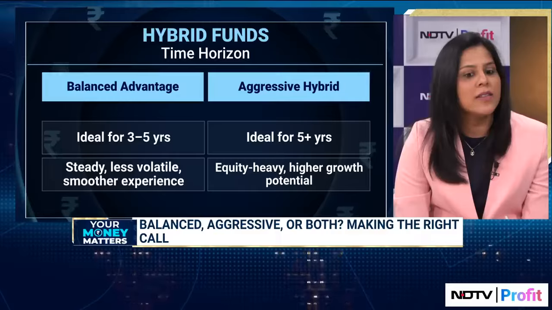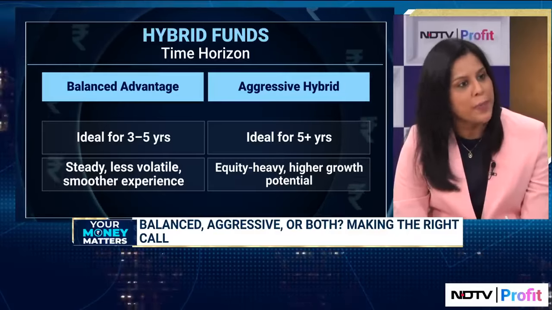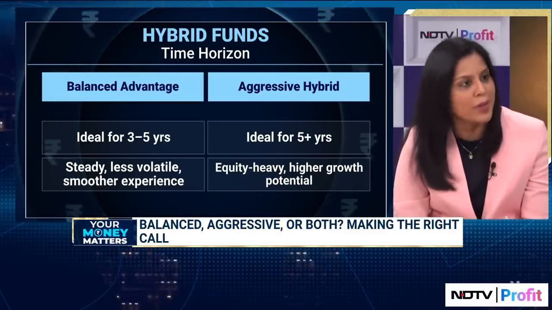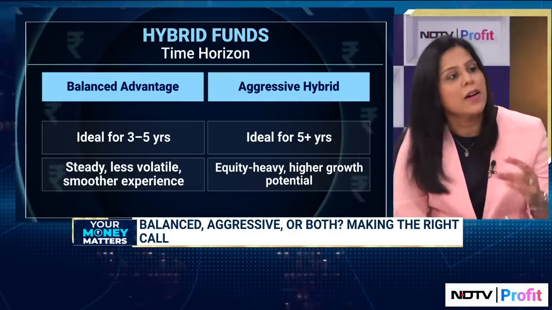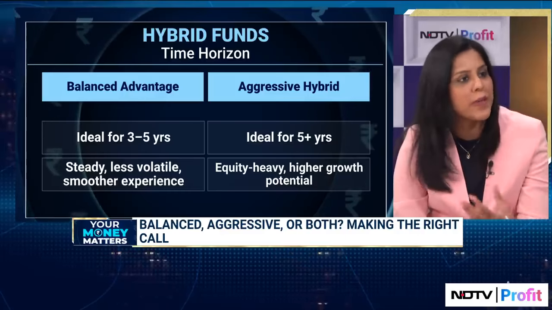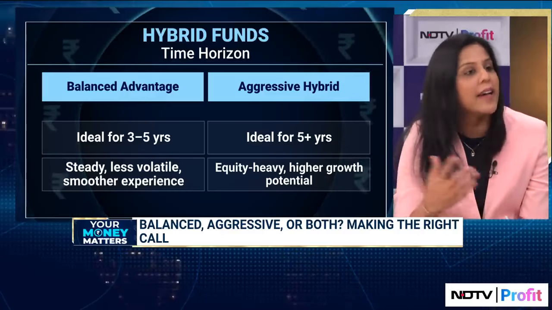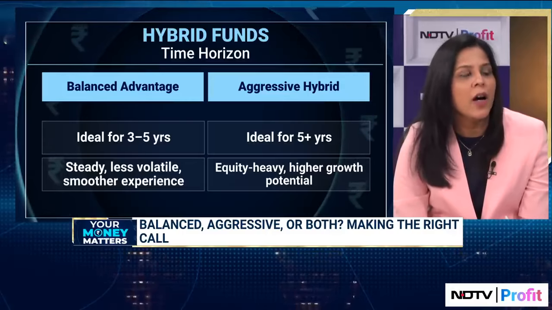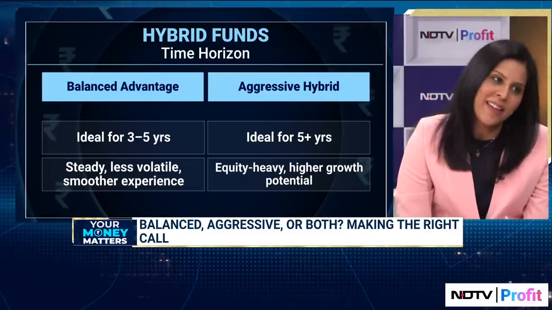The way I look at it is that over a 3 to 5 year period, in a balanced advantage fund, the returns get smoothened over the longer term. And because it necessarily has a 65% minimum threshold of equity to maintain in a static hybrid fund, I would say that a 5 year holding period would not completely eliminate the risk of principal, but it would be a sufficient guardrail to have.